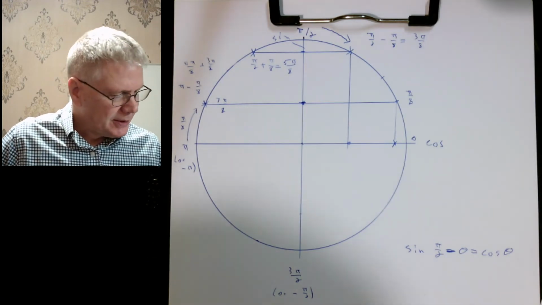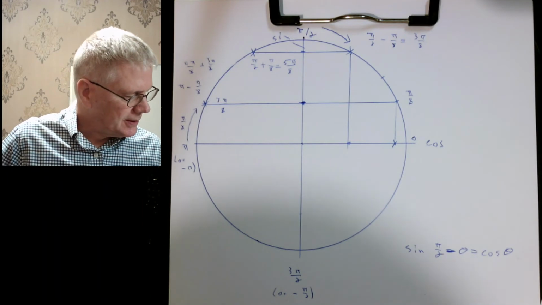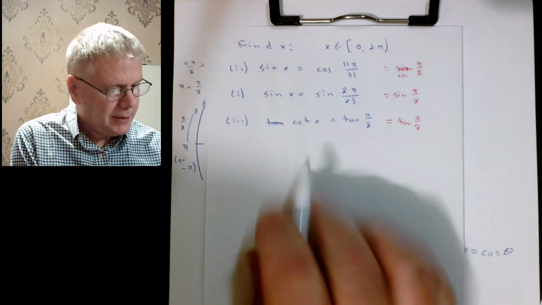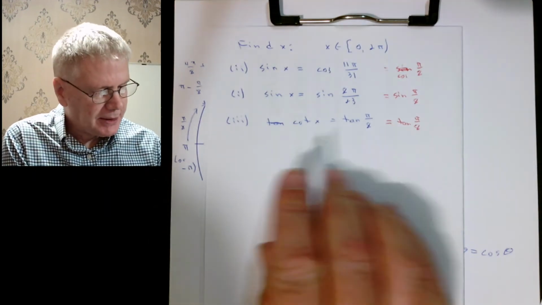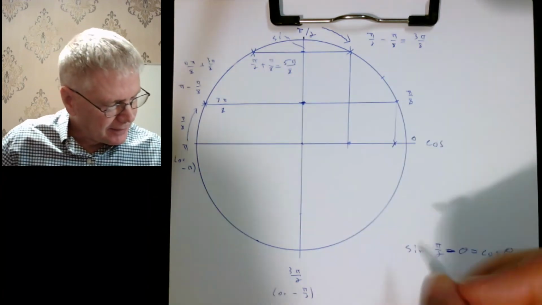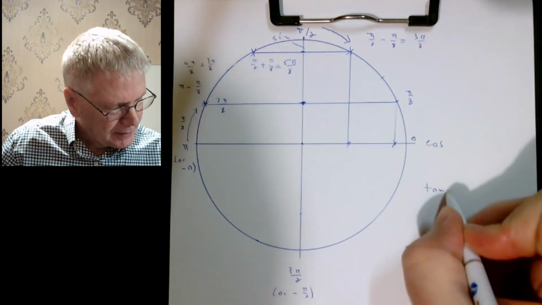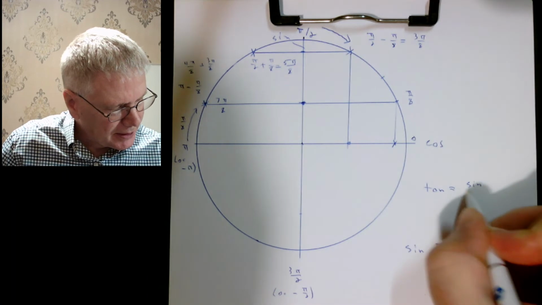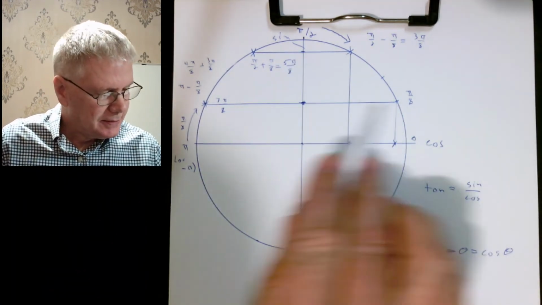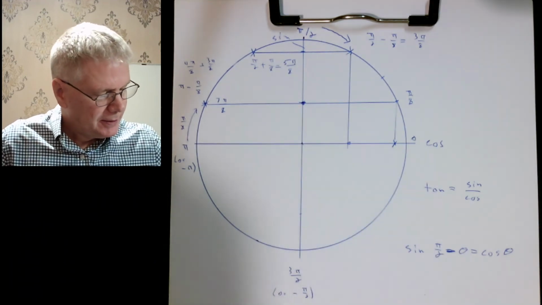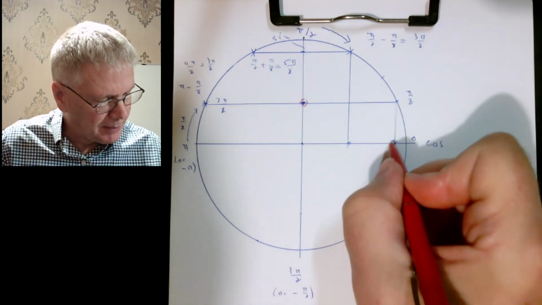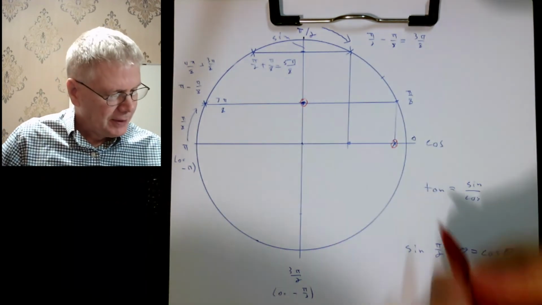The final one is the tangent of pi over 8. We need to find x so that the cotangent is equal to the tangent of pi over 8. Tangent of pi over 8 is sine over cosine, so it's this last one in red: this value divided by this value.